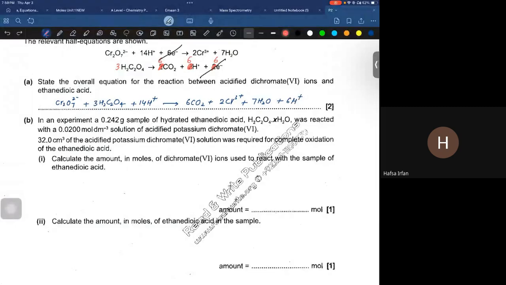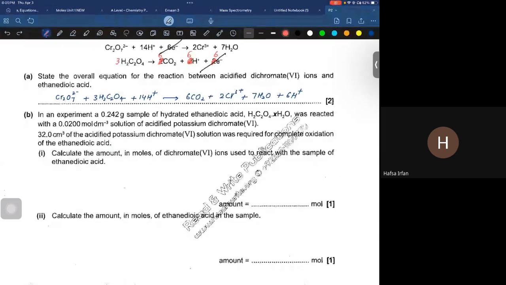Let me do this first. In an experiment, a 0.242 gram sample of hydrated ethane dioic acid was reacted with a 0.02 mole per decimeter cube solution of acidified potassium dichromate, this is the concentration, and 32.0 centimeter cube, this is the volume of potassium dichromate.